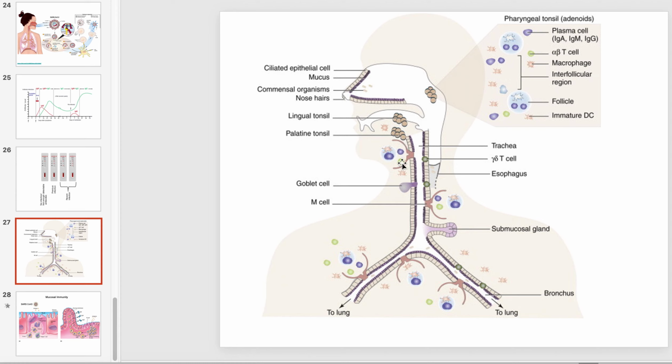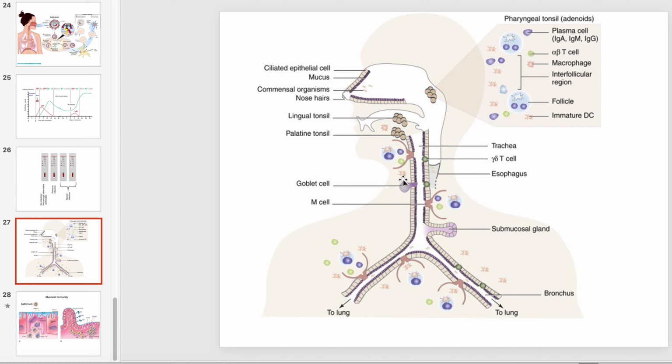And so the M cell will present the antigens to antigen presenting cells below that you see here, and then those antigen presenting cells will present antigens to B cells and T cells, and that will trigger a localized antibody response along the tract.